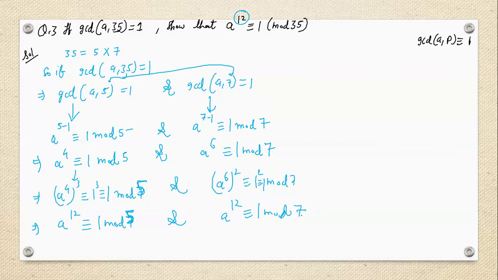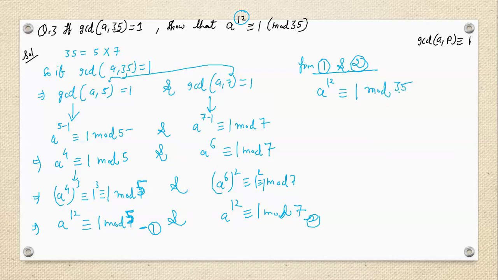So if a to the power 12 is congruent to 1 mod 5 and a to the power 12 again is congruent to 1 mod 7, from equation number 1 you can assume this, and from equation number 2 you can assume this. So from 1 and 2 we can say that a to the power 12 is congruent to 1 mod 35.